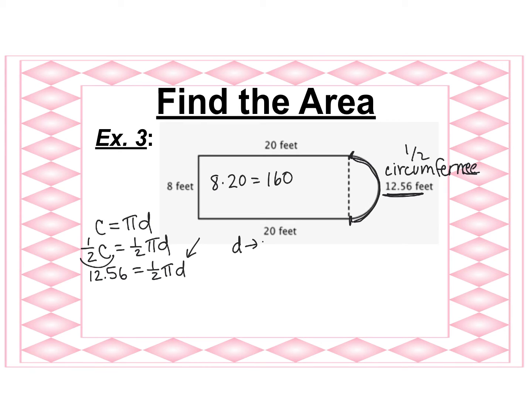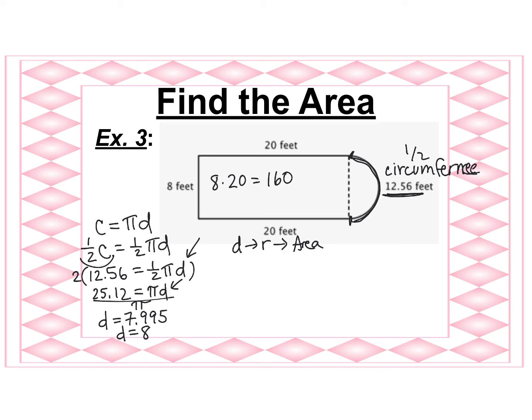So diameter to radius to then area. Well, I have 1/2 and a pi. So the 1/2, I'm going to multiply everything by 2, and I get 25.12 equals pi d. I'm still trying to get to the d, so I'm going to divide everything by pi. Best if you can use the pi button. And it tells me that d equals 7.995.